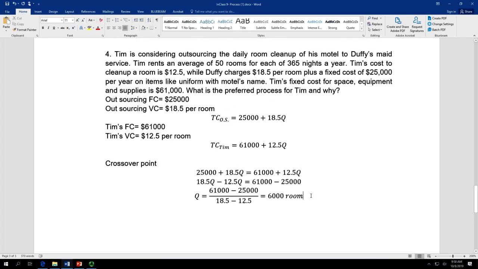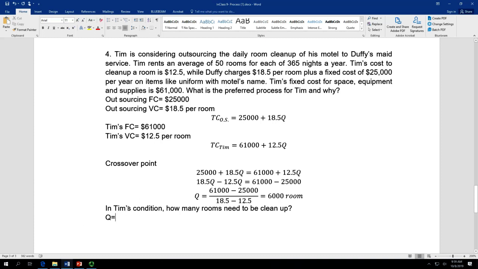So how about in the team's condition? In the team's condition, how many rooms need to be cleaned? So Q equals, look over here. It said the team rents an average of 50 rooms for each of 365 nights.